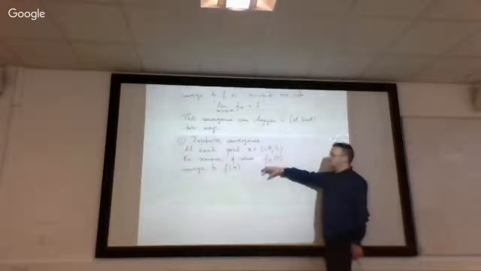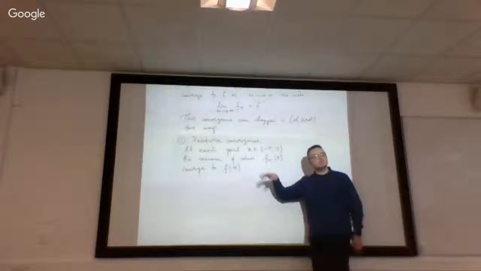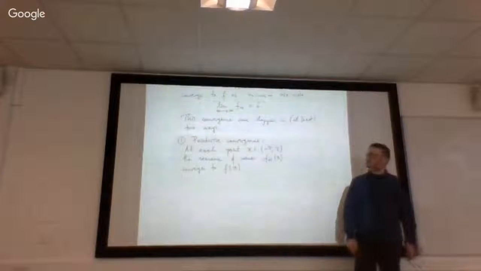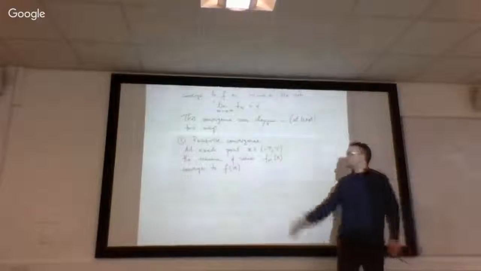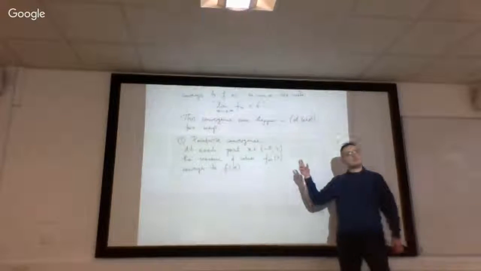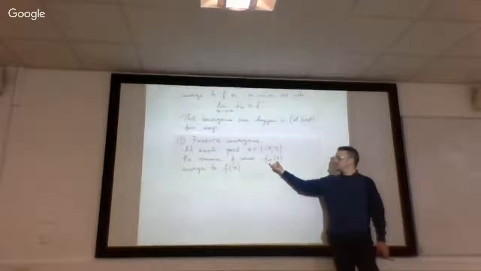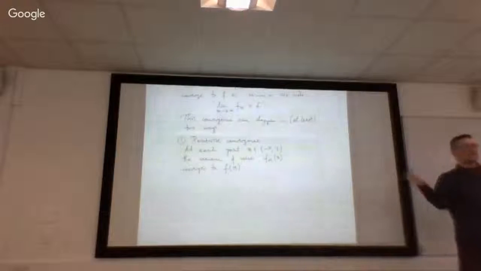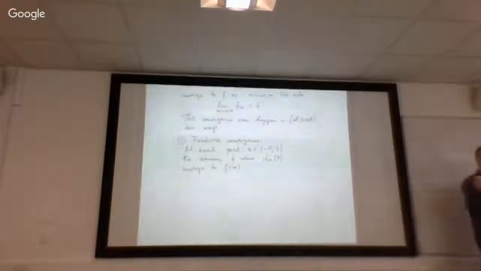But this definition doesn't make any reference to the rates of convergence. It's possible that for some values of x, these sequences are converging very fast to f of x, and for other values, they could be converging very slowly. Okay, so that's the issue.